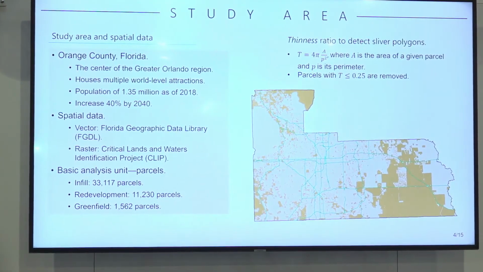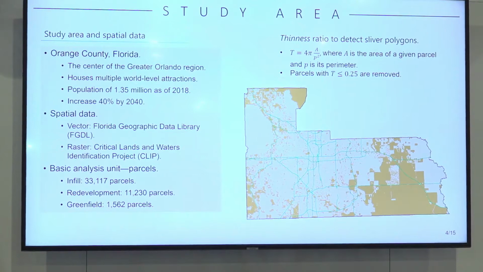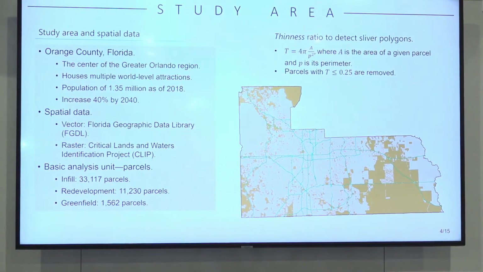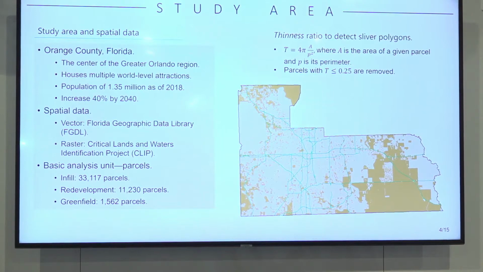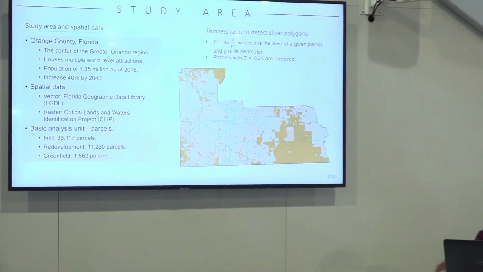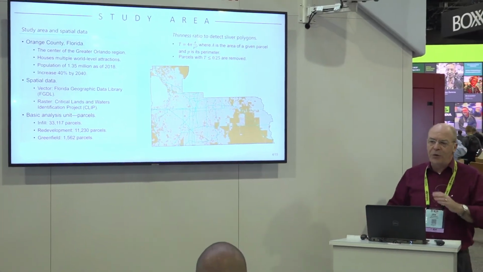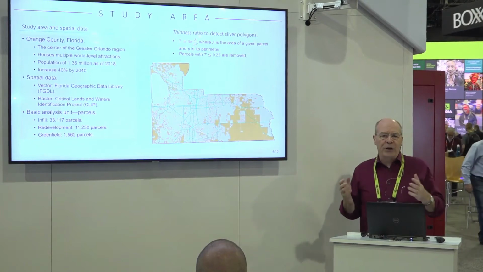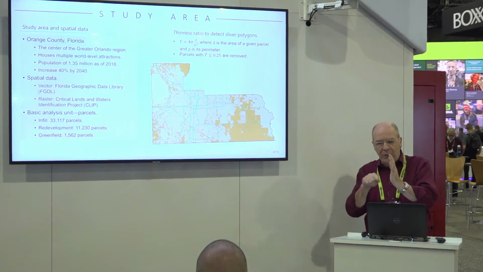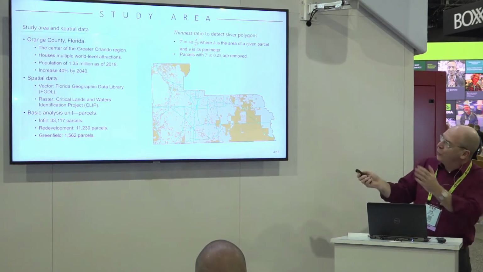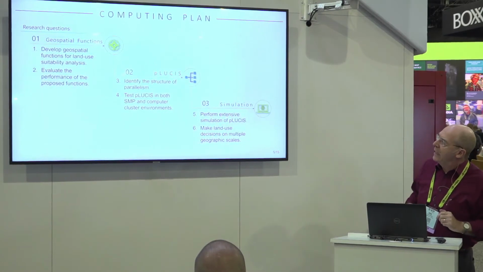And then for these parcels, we have to decide. Some parcels have really weird shapes, and that makes them very hard to make a decision about. They're sort of treated as exceptions. And that's where this thinness radius comes in. If you have a parcel that is a little strip somewhere, that's not very meaningful. You want something that has a little bit of volume to it, a little bit of squareness. And so the thin ones get eliminated.